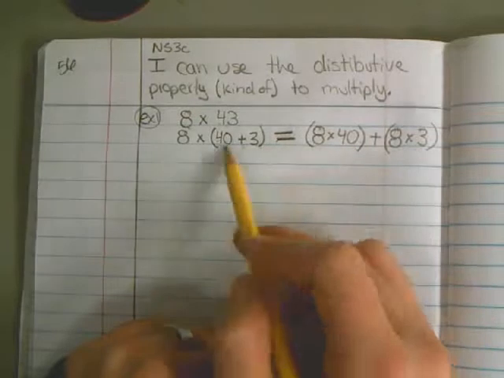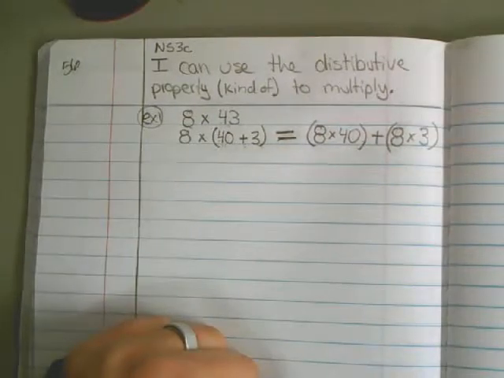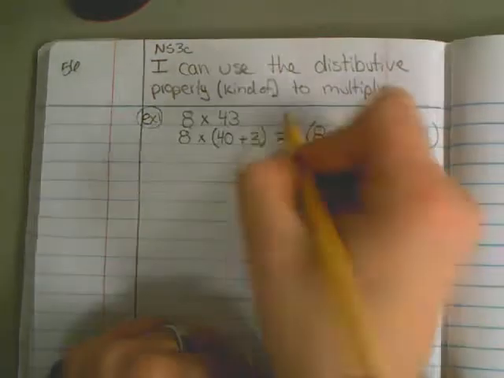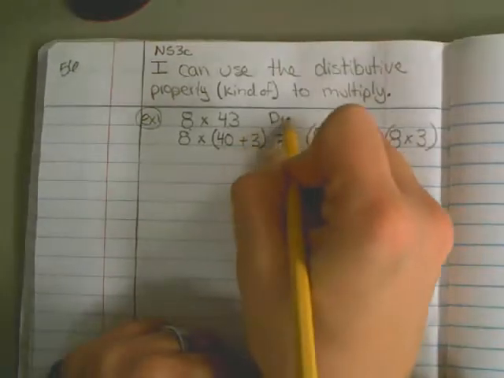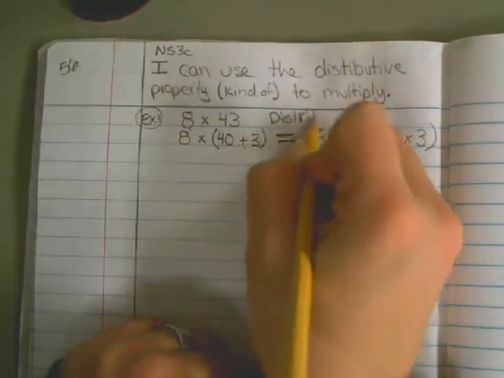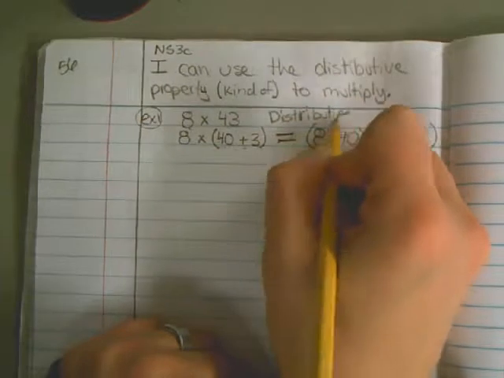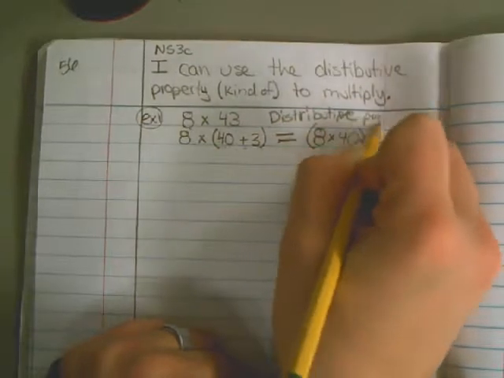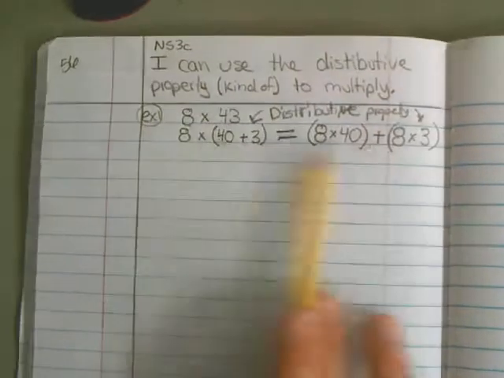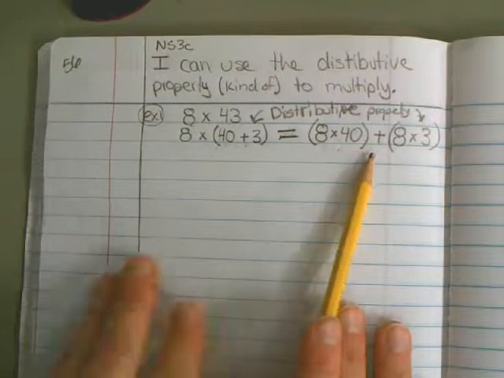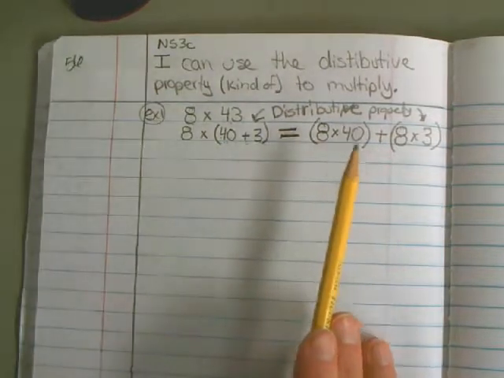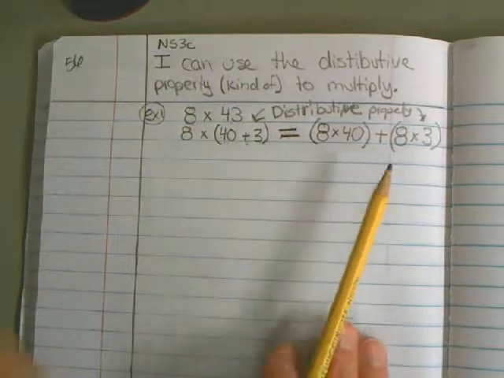This is the same as this. Okay? Does that make sense? Okay, so this is actually the distributive property. That's what the distributive property tells us that we can do. We can break up numbers into their place value, and we can multiply them in different orders and then add them back together. Okay? So that's all that does.